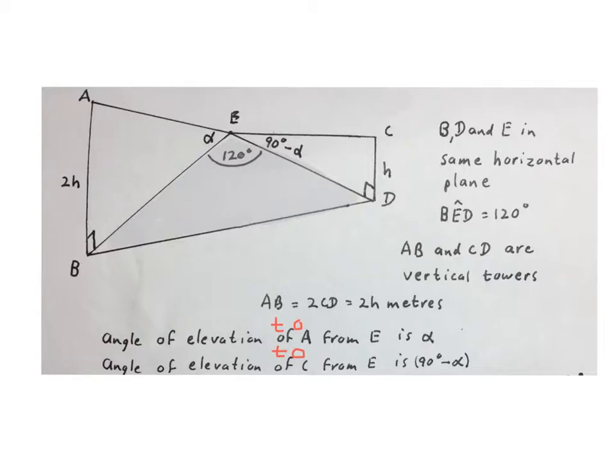So in other words, the angle there from E up to A is alpha. Then they said the angle of elevation of C from E is 90 minus alpha. So that is the angle of elevation from E up to C, and there they wrote it in for us. I told you that you could put the 2 there for your brain's sake.